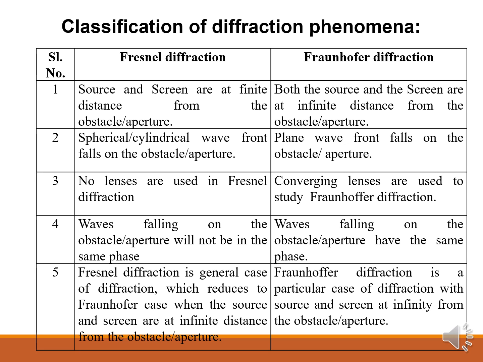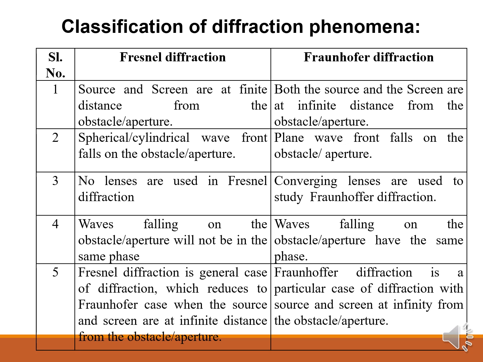Now let us see what is Fresnel diffraction and what is Fraunhofer diffraction. By definition, Fresnel diffraction is the bending of light which occurs when the source and the screen are at finite distance from the obstacle. However, in Fraunhofer diffraction, both the source and the screen are at infinite distance from the obstacle.